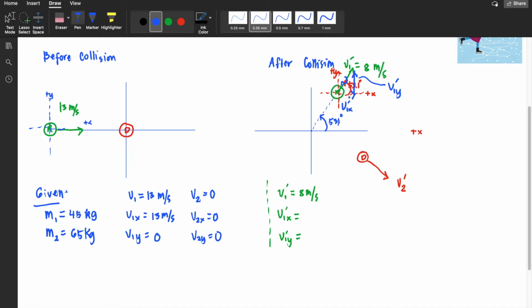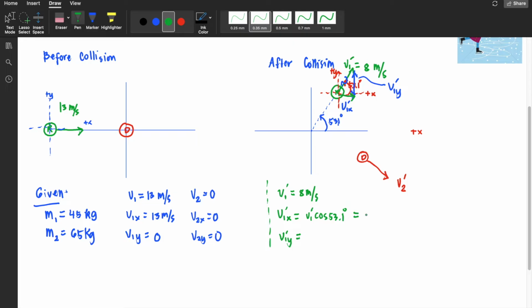So your v1x is on the adjacent side of 53.1 degrees, so that would only mean cosine. This vector is towards the right, so it's positive. So you'll have v1' cosine 53.1.